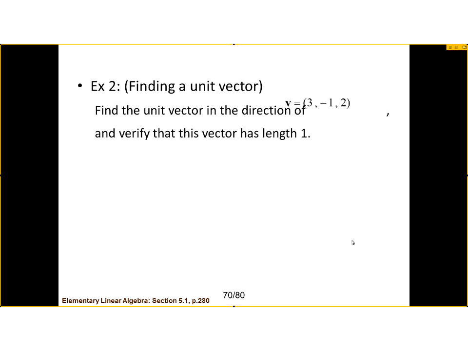How can we find the unit vector? First of all, we have to find the norm. We square all the elements and add them, and we get the square root of 14.